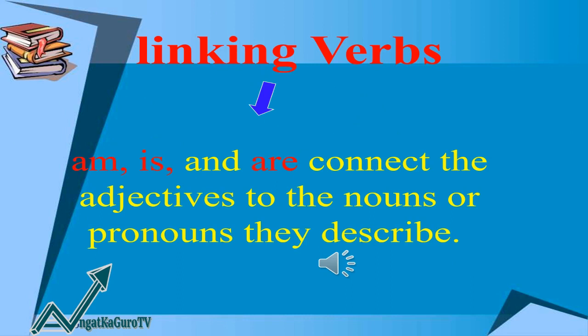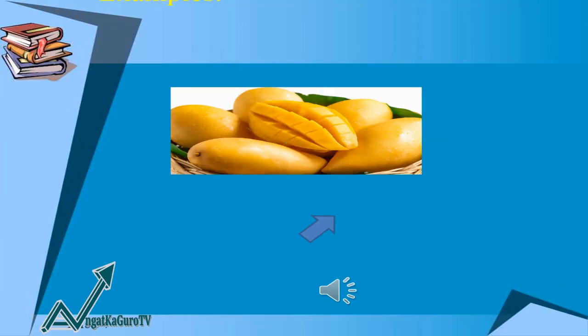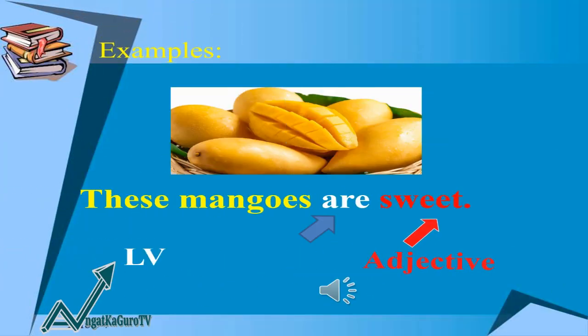The linking verbs am, is, and are connect the adjectives to the nouns or pronouns they describe. Examples: these mangoes are sweet. Are is the linking verb and sweet is an adjective.